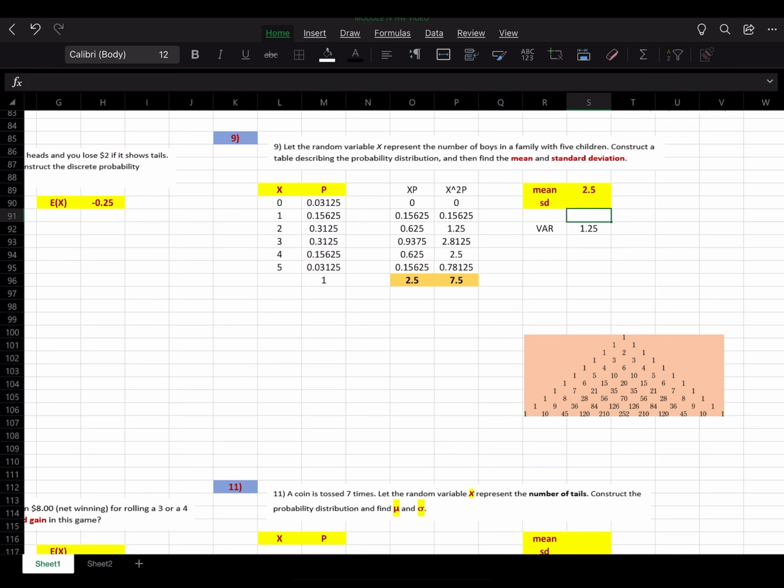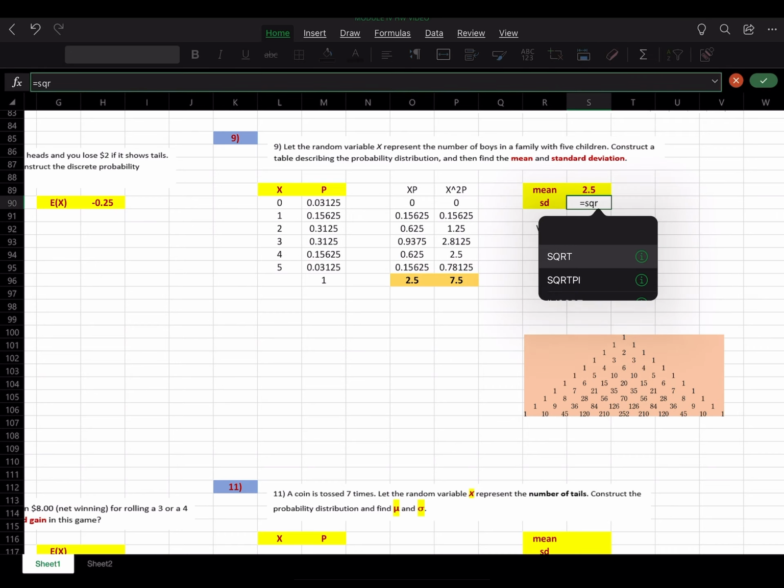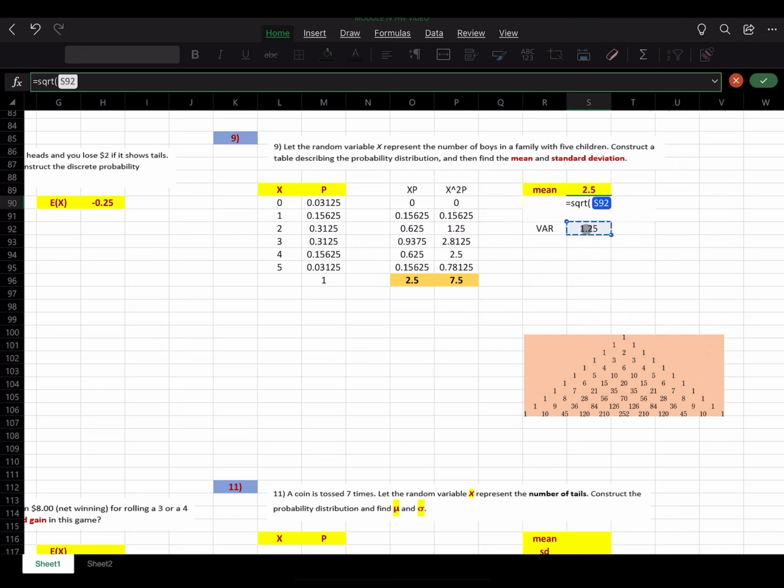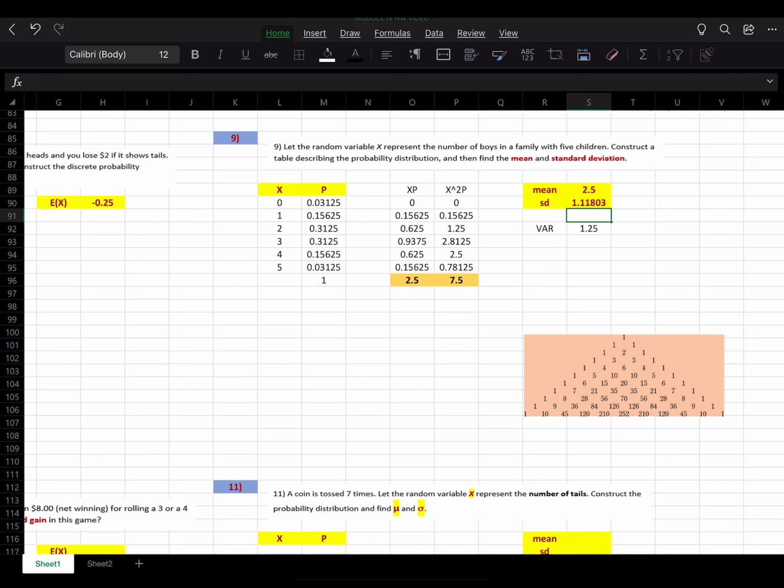And then once you calculate that, the standard deviation would just be the square root of that number. And there's the standard deviation. And again, as far as the number of decimal places are concerned, you'll be instructed as to how many decimal places to leave on the exam.